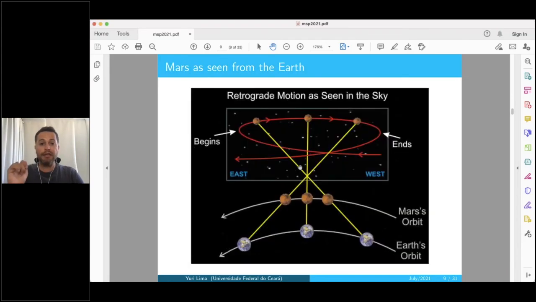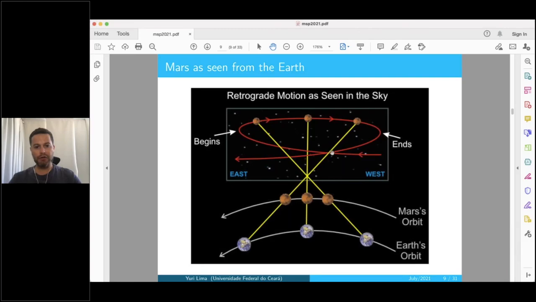And this is indeed the situation that you have with many planets. For instance, when you observe Mars and you make a kind of histogram of the positions of Mars, you see these retrograde movements.